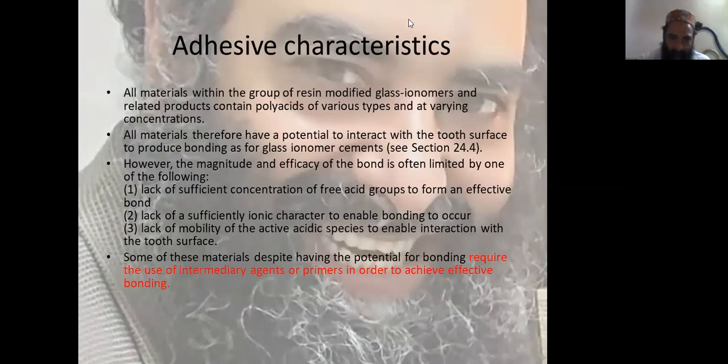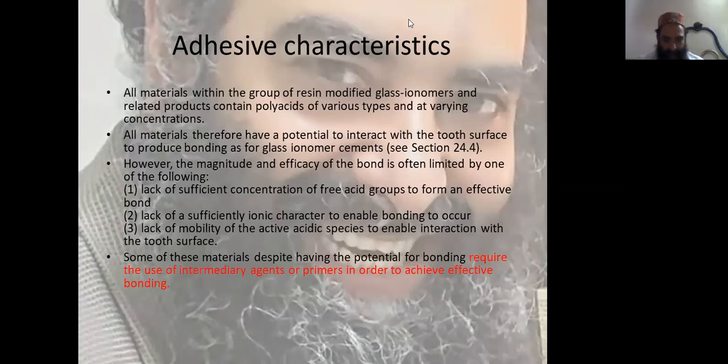However, the magnitude and efficacy of the bond is often limited by one of the following. Number one, lack of sufficient concentration of free acid groups to form an effective bond. Lack of sufficient ionic character to enable bonding to occur. Lack of mobility of the active acidic species to enable interaction with the tooth surface.